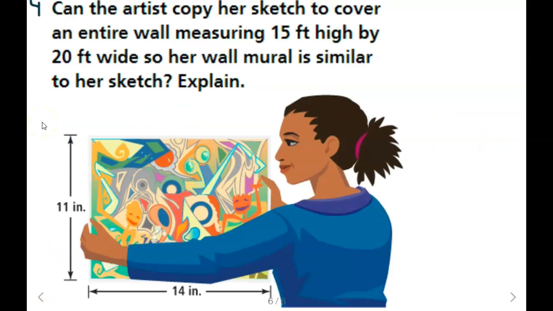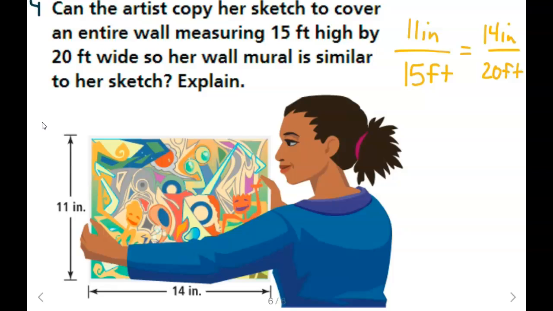All right. Here, an artist is looking at a sketch that she was thinking about putting on a wall that's 15 by 20. So let's see, the 11-inch side would have to match up with the 15-foot side, and the 14-inch side would have to match up with the 20-foot side, excuse me.